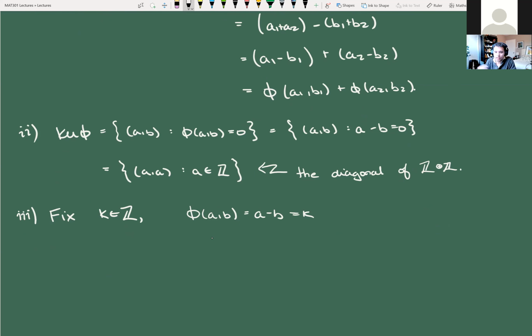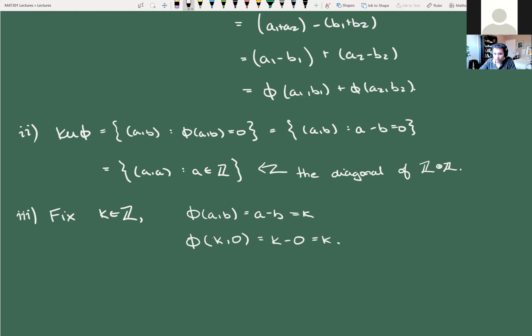I could choose k, k minus 1 and -1, or k plus 1 and 1, something like that. To my mind, the easiest thing that I could possibly choose would be k, 0. So far and away, that's probably the easiest thing.